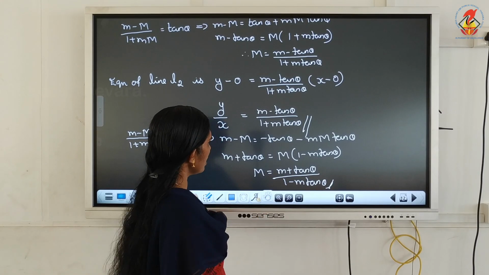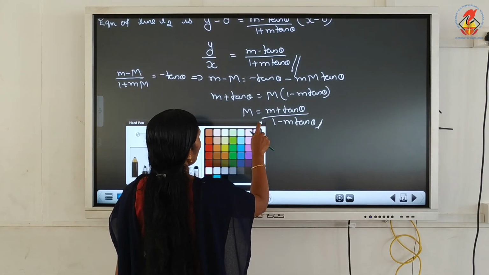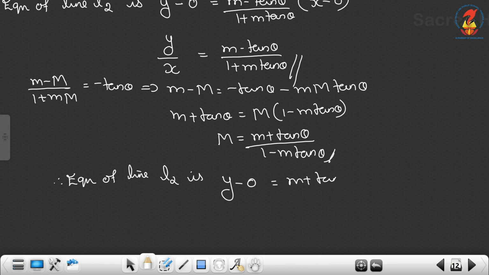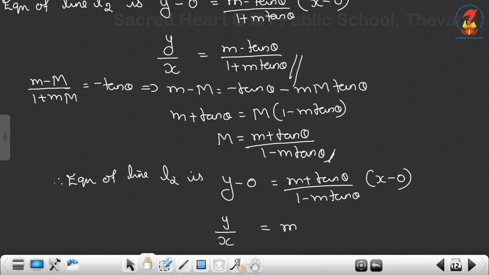The equation also follows the same way. Therefore, the equation of line L2 is y minus y0 equals slope into x minus x0, so here also we can write y by x is equal to (m plus tan theta) by (1 minus m tan theta). This is the second equation. Now we can write them together.